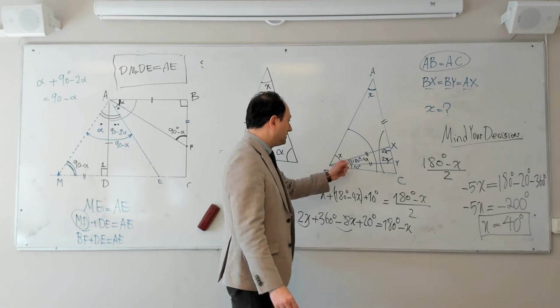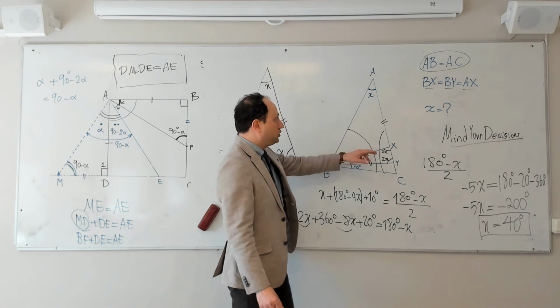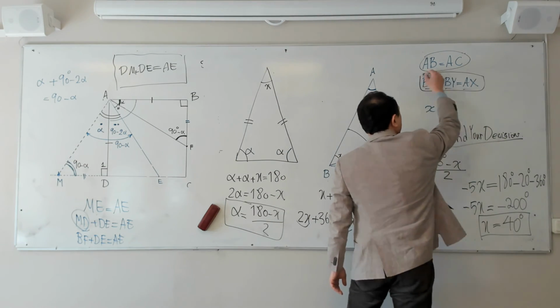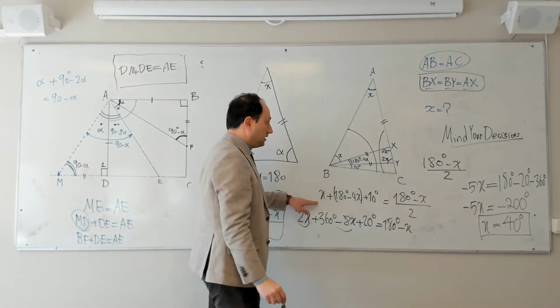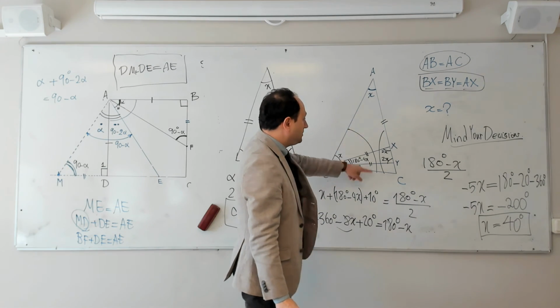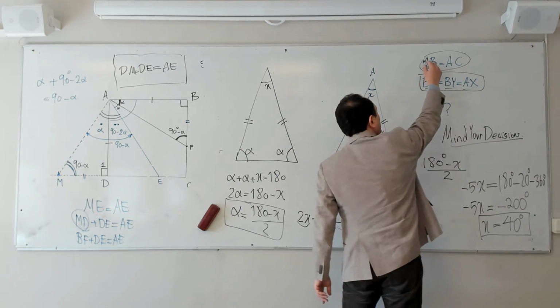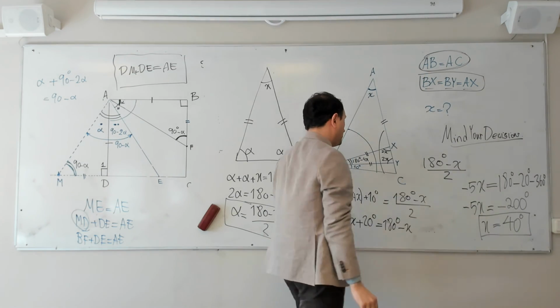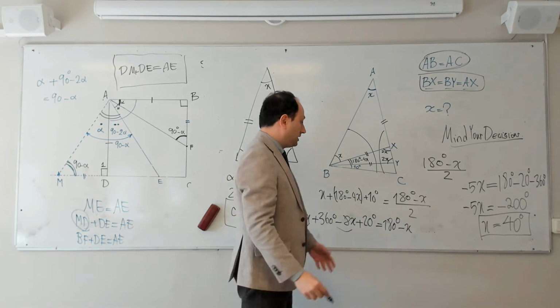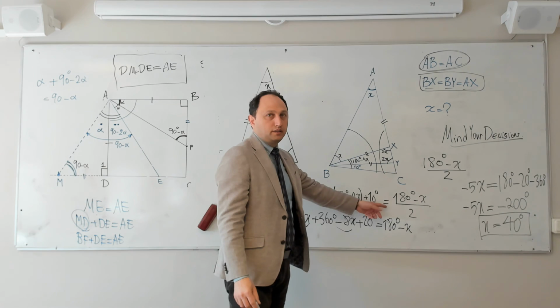So I calculated the size of this angle using these pieces of information. I got this. I calculated the same size, but this time using this piece of information, I got this. It cannot happen unless these 2 quantities are the same.